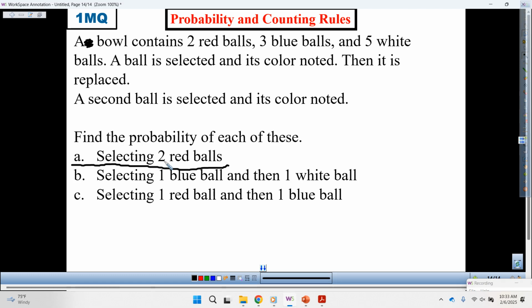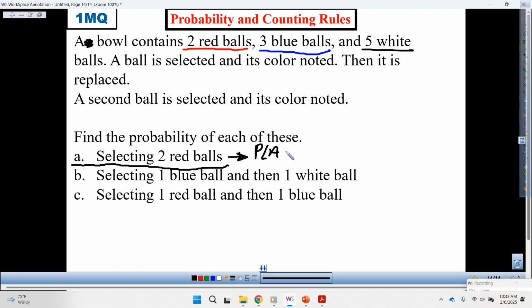A, selecting 2 red balls. Write that down, please. Selecting 2 red balls. So, 2 red balls. We have 3 blue balls and 5 white. Okay. So, let's start with the formula.